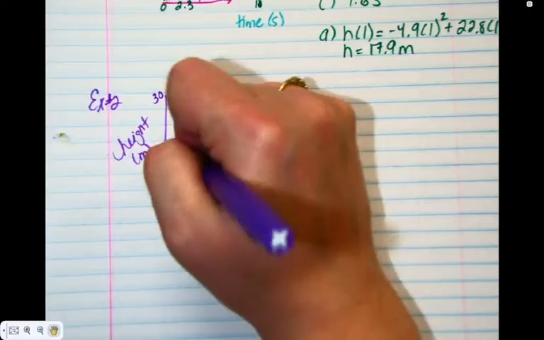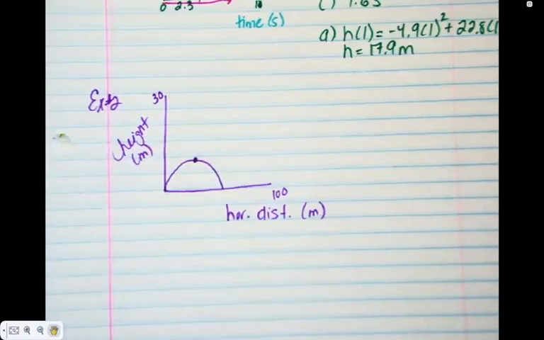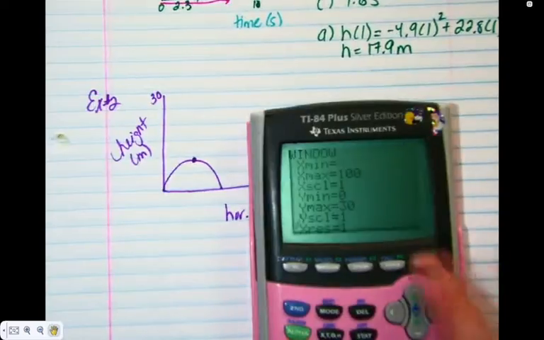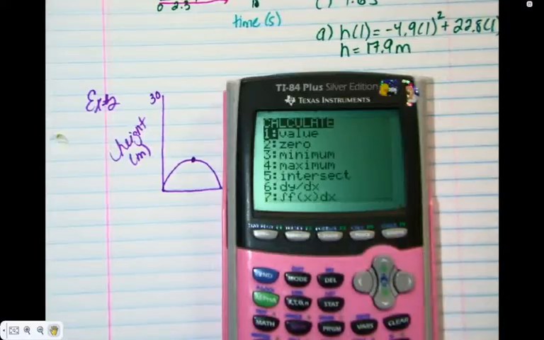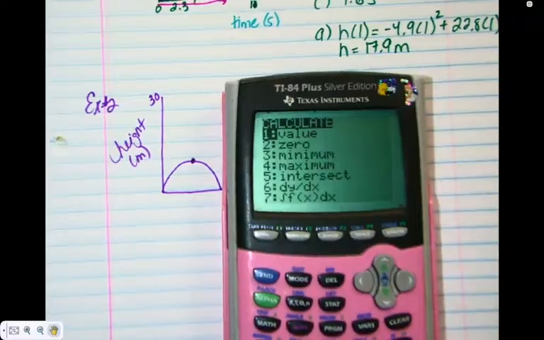We're going to have to find the vertex just like the last one because that will give us the maximum height. You walk me through. How do we find it from a graph? I call it second calc because I like to mention what the actual menu is, but whatever you want. Number 3 or number 4?